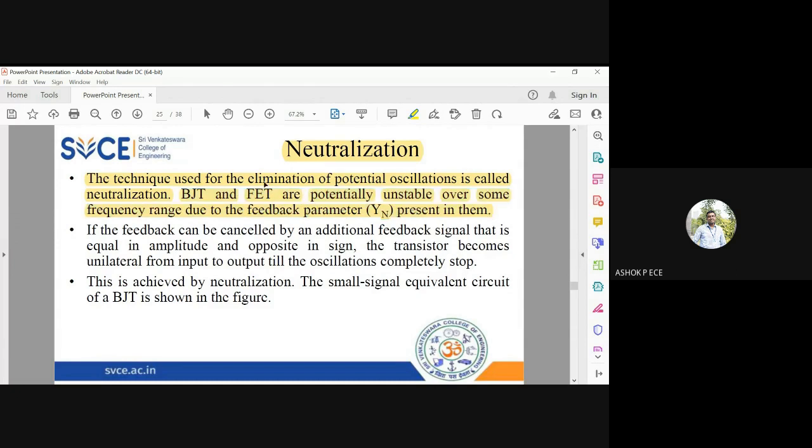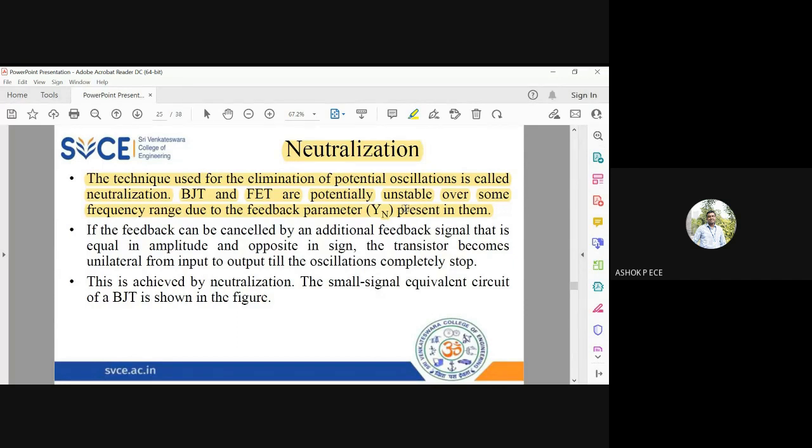As I told you, you have a feedback component which connects your input and output. Just like you remember collector-to-base bias, where you have a resistor between base and collector in a common emitter amplifier. Base is your input, collector is your output, so I have a resistance between base and collector. That resistance acts like a feedback component.